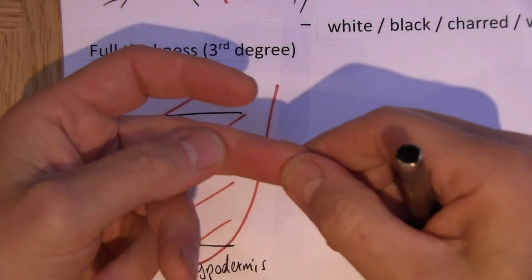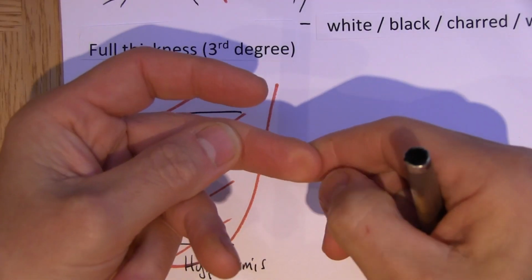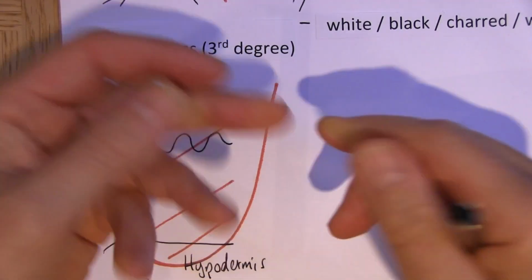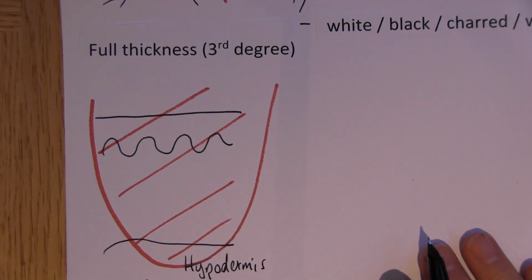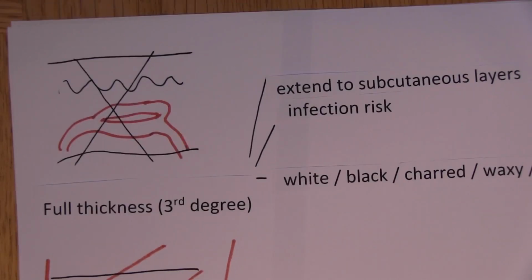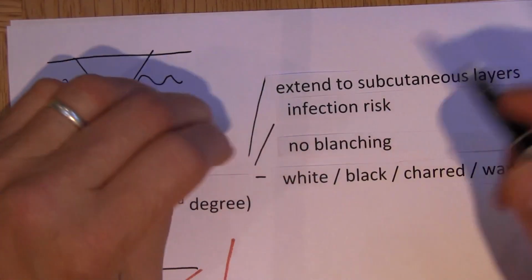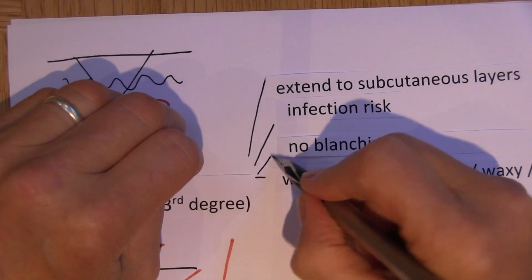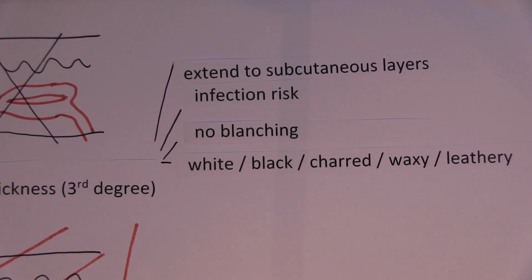So when you press, you don't get any reperfusion, because that reperfusion you're seeing is coming from the vasculature in the dermis, and the dermis is gone. So we're not going to get the blanching. So no blanching, indicating full thickness injury.